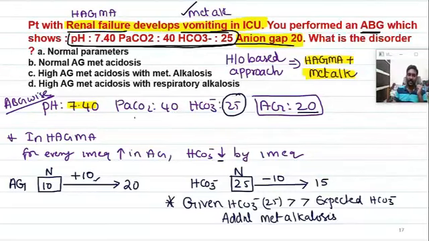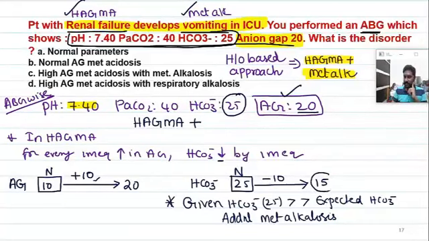So here, there is a high anion gap metabolic acidosis. How are you telling? There is anion gap high and relevant clinical history. Along with that, what you have identified in the ABG: if there was only high anion gap metabolic acidosis, the bicarbonate should have stayed at 15, but it has again reached 25.